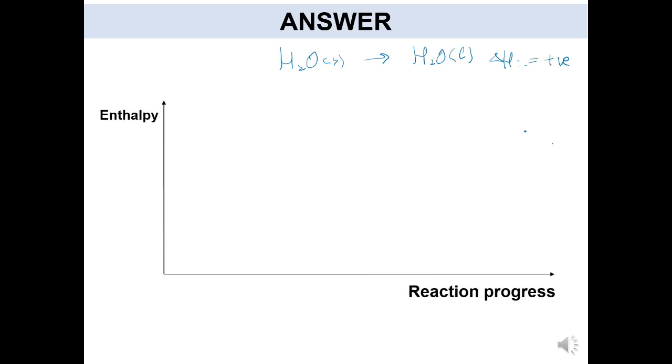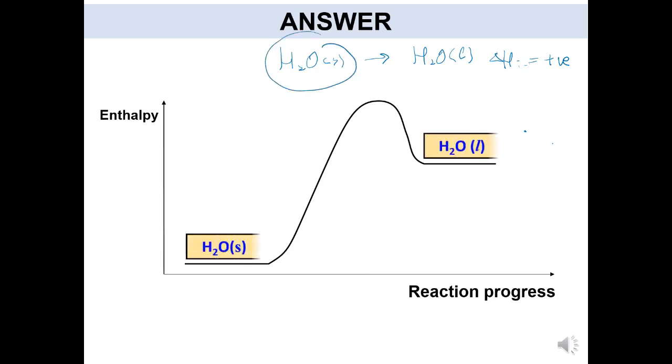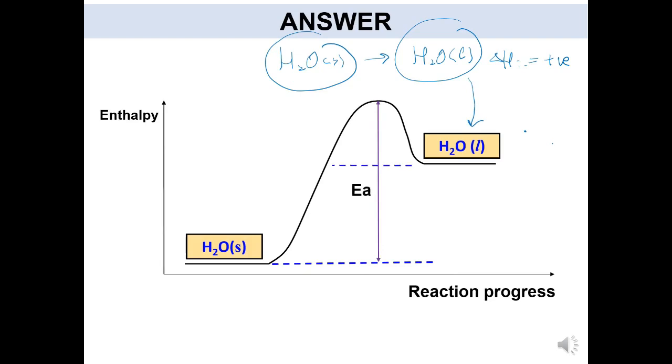Okay, the x-axis is reaction progress and the y-axis is enthalpy. So endothermic, or positive value, means the enthalpy of product is higher than the enthalpy of reactant. So H2O solid is the reactant and H2O liquid is the product. Then label Ea, activation energy, and delta H positive.